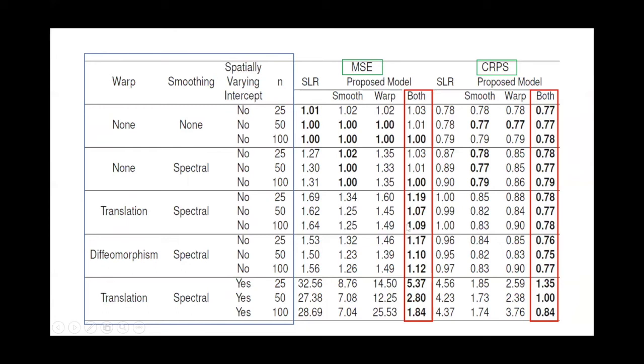And so the main message here is the model works even when there is no warping and smoothing, or really pretty well, especially when they are there. We are really, really good compared to the other models.